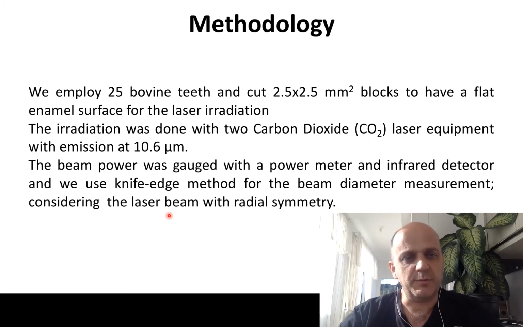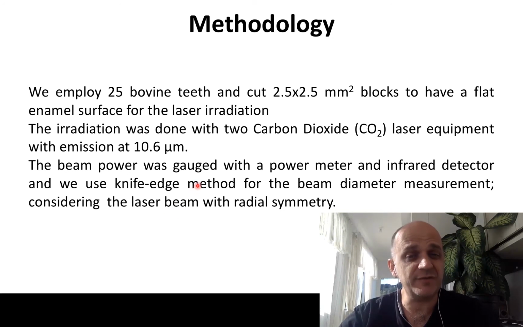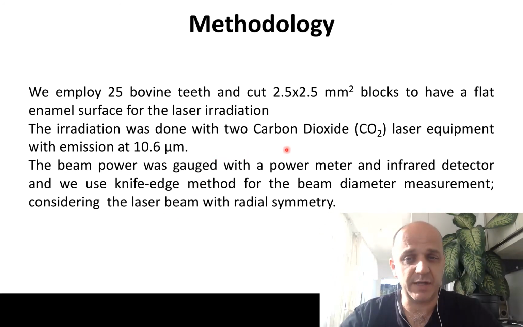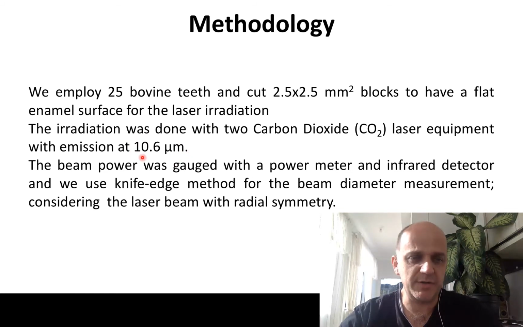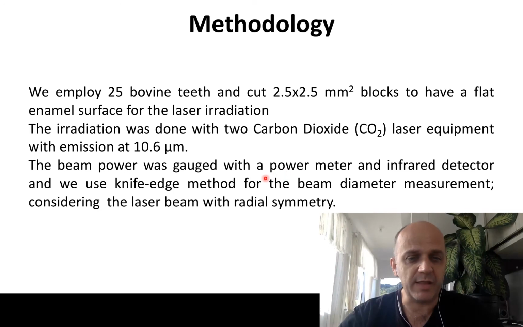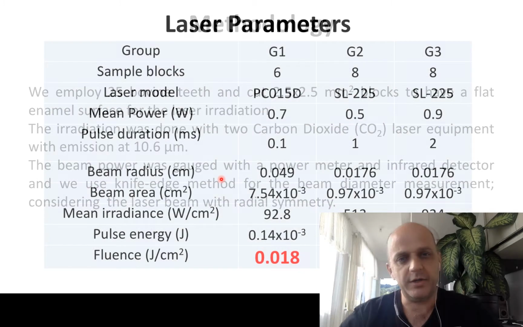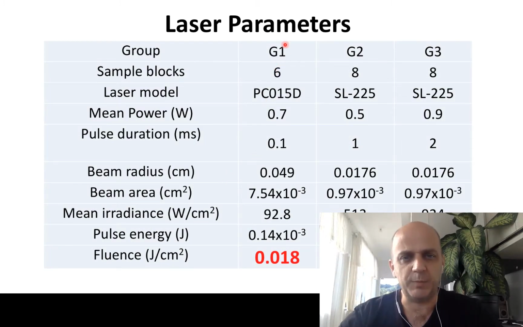For methodology, we employ 25 bovine teeth and cut them in blocks of 2.5 by 2.5 square millimeters with a flat surface to irradiate. The irradiation was done with 2 different equipments of carbon dioxide lasers, both with the same emission. The beam power was measured with an infrared power meter detector, and the beam diameter was measured with the knife edge method. Here are the parameters for the groups G1, G2, and G3.